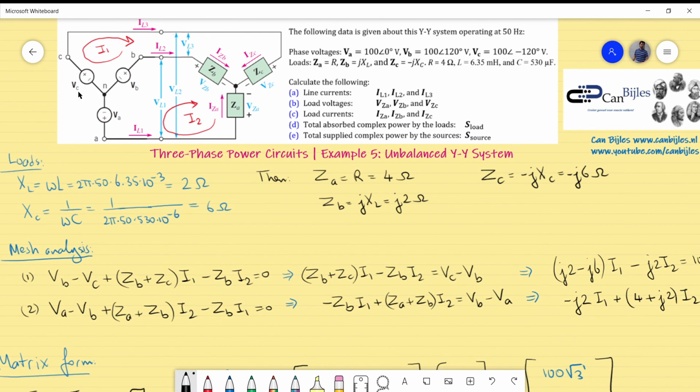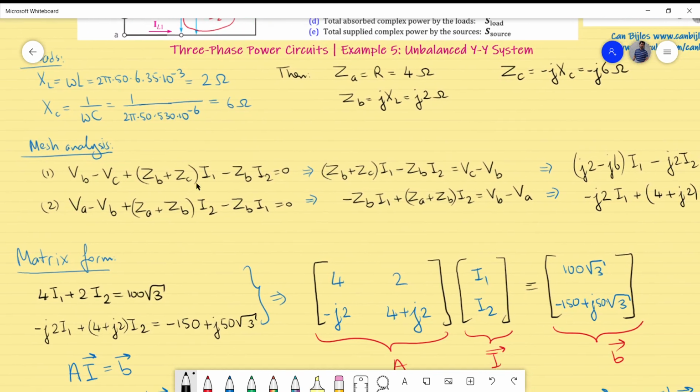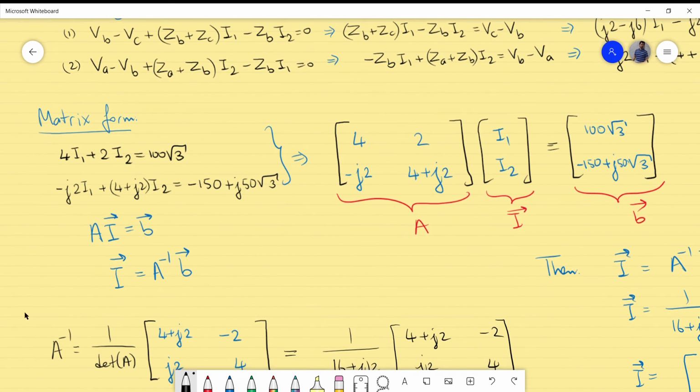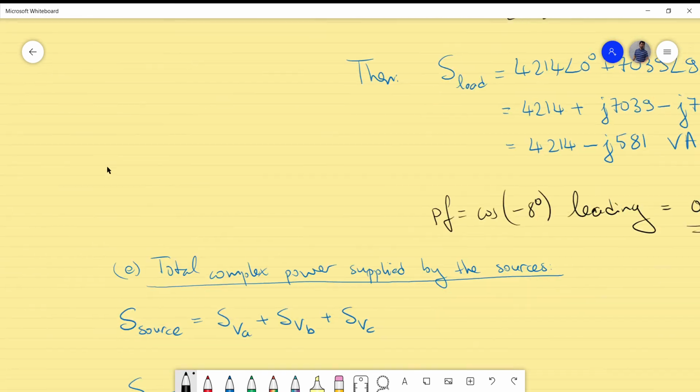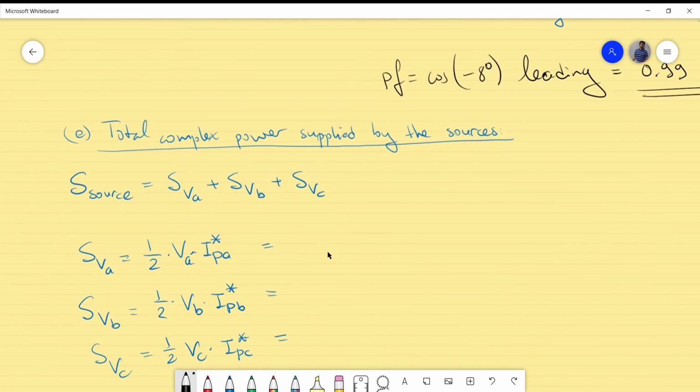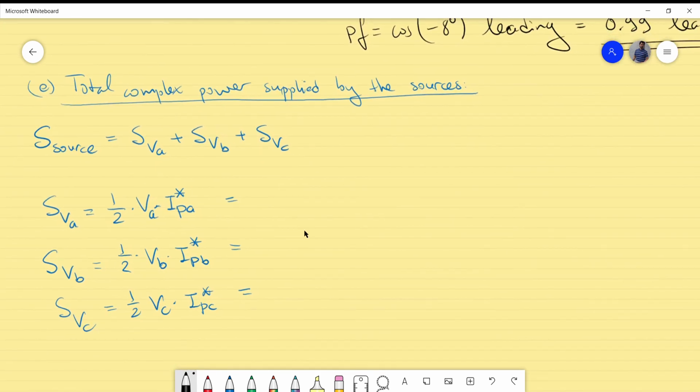So I already know the phase currents are IL1, IL2, IL3 for the voltage sources VA, VB, and VC, respectively. So I can move on with the calculations using the line currents. So I can say the following: half times VA times IL1 complex conjugate.